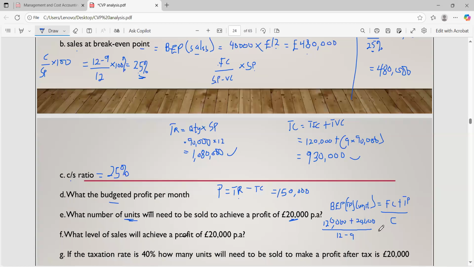What do we have? We have 140,000 over 3. So what will be your quantity to produce when targeted profit is given? 140 divided by 3. 46,667 units.